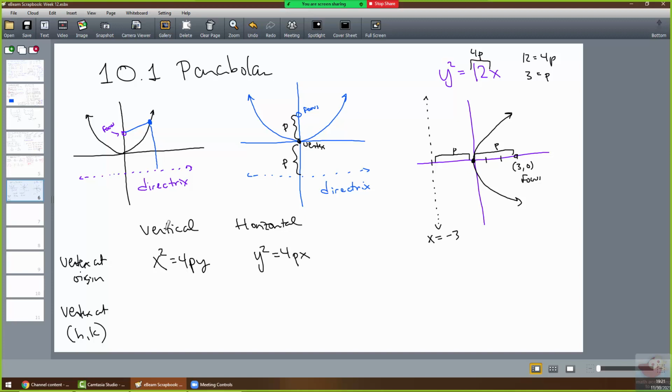So the formula for the vertical parabola at (h, k) is (x minus h) quantity squared equals 4p times (y minus k). And again, h is with x, k is with y, so be careful with this next one. (y minus k) quantity squared equals 4p times (x minus h).